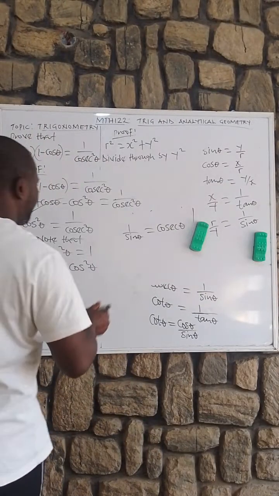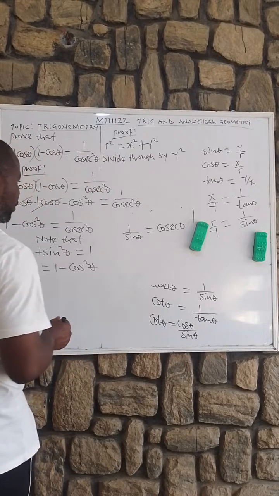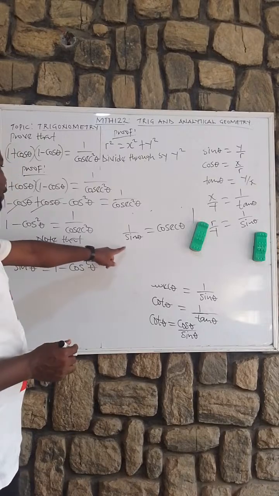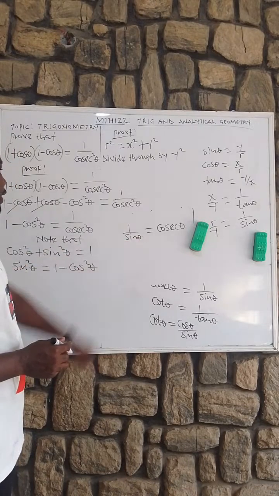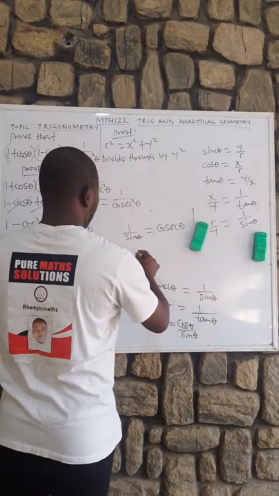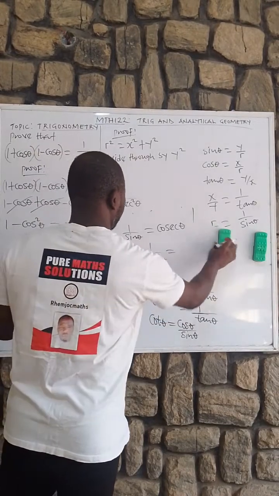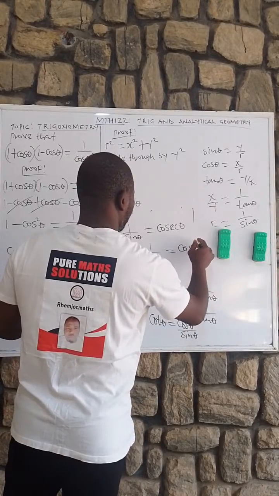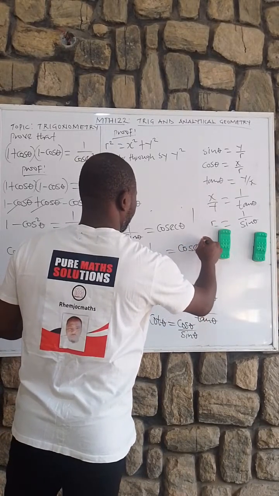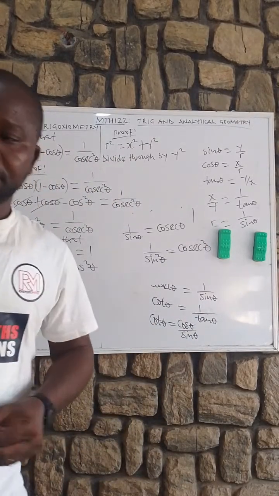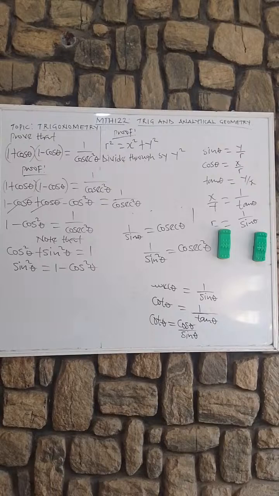Because we know that 1 all over sin square theta is the same thing as cosec square theta. The proof has been established.